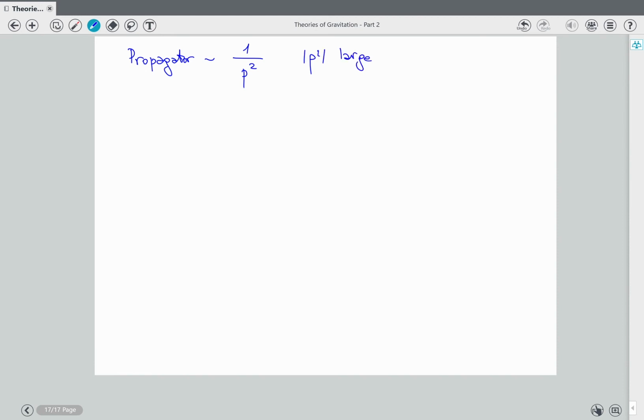And the graviton propagator goes like 1 over p squared. That's not enough to make the theory renormalizable, because power counting then leads to a Newton constant that has negative dimensions.